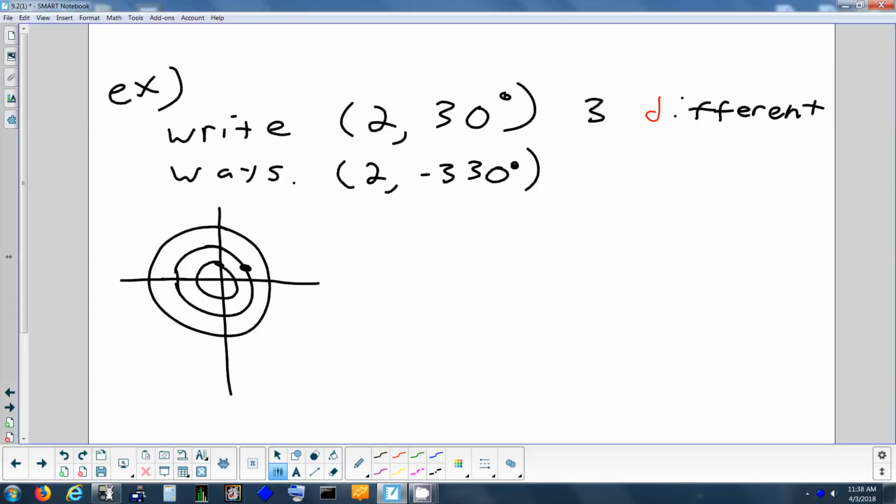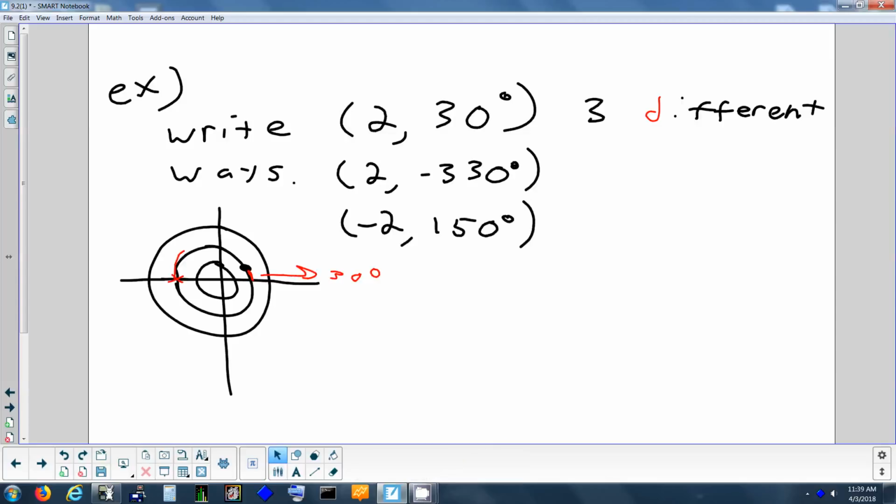Yep. Mike. Negative 2, what'd you say? 150. All right, let's check it. So we know this little section right here is 30. Okay, we know that's 30 because that's how we drew it. So if we go negative 2, well, let's take a look.